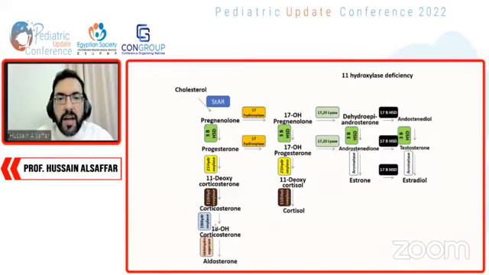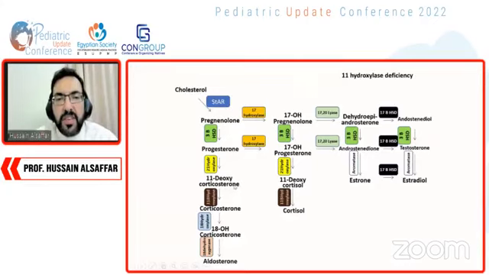And we have other enzyme defects like 11-beta hydroxylase deficiency. So again, the problem will result in abnormal completion of the mineralocorticoid pathways as well as the glucocorticoid. However, because this happens at a lower level, we'll have the 11-deoxycorticosterone. So those patients with 11-beta hydroxylase deficiency will have accumulation of 11-deoxycorticosterone.